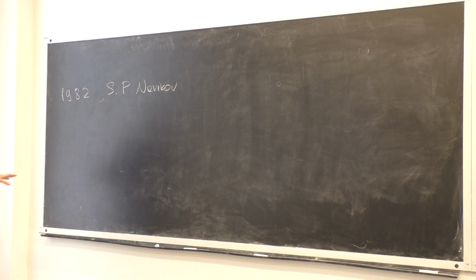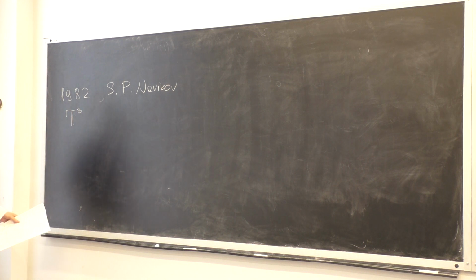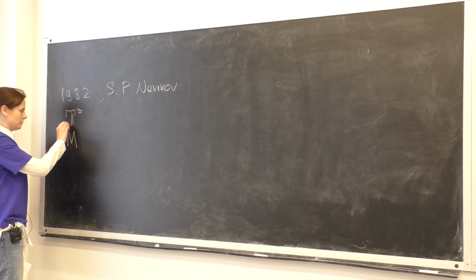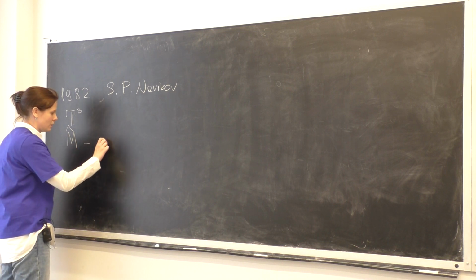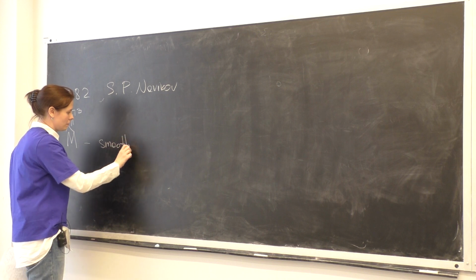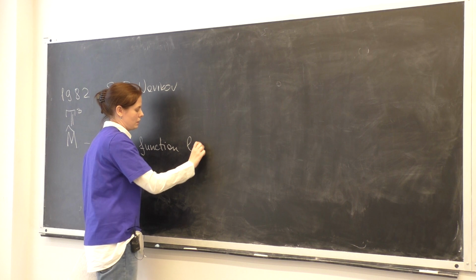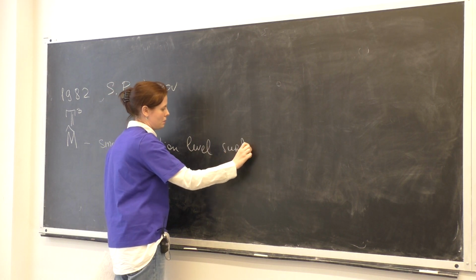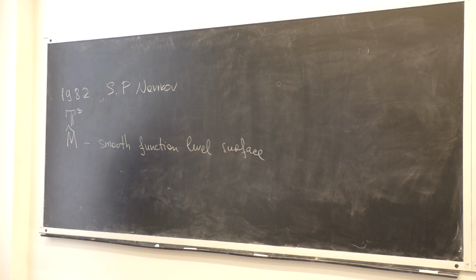So I will present already a mathematical model and then say a few words about physics, but will not be very precise. So imagine that you have a three-dimensional torus, and you have some surface that is embedded in this three-dimensional torus, and it's a smooth level surface. You have some function, and this surface is its level surface, and it lives in the three-dimensional torus.